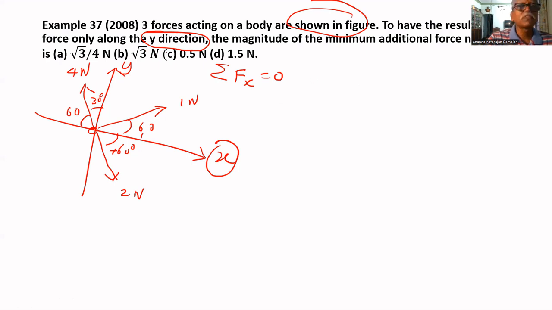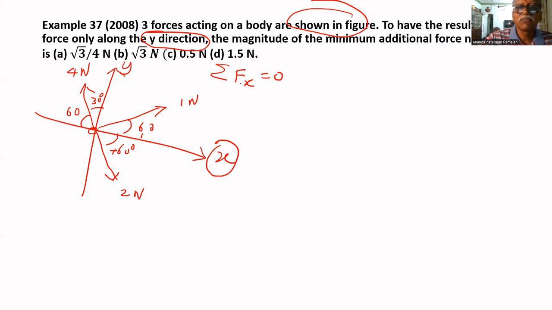The minimum additional force needed must be along the x direction. If it is 0, automatically the resultant will be in the y direction. If it is not so, we need a force added in the x direction so that all x direction forces equal 0.